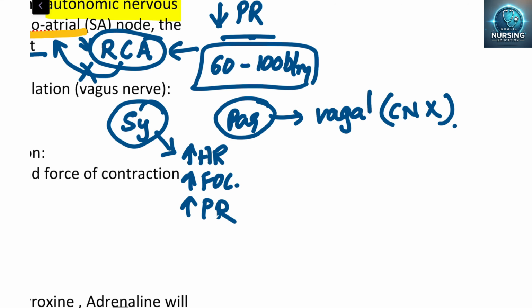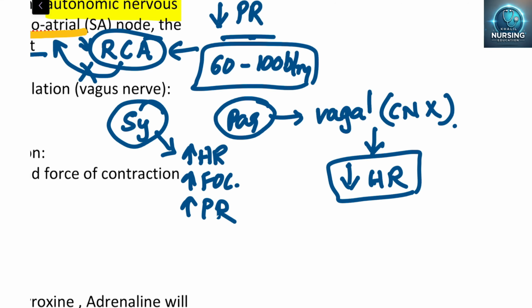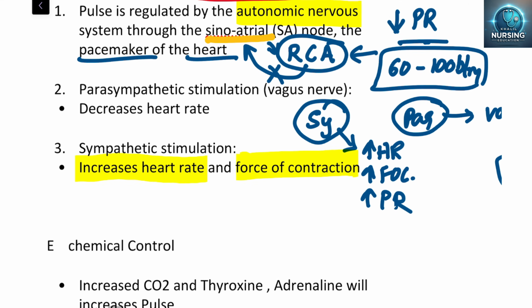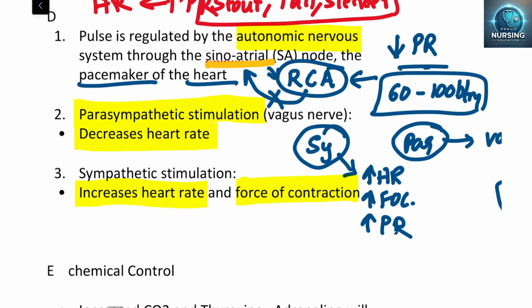Clear? When it is stimulated, decreased heart rate occurs. What occurs? Decreased heart rate. So here it is mentioned: sympathetic increases the heart rate and force of contraction, and parasympathetic stimulation decreases the heart rate.